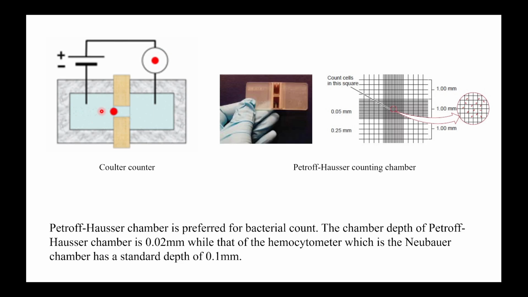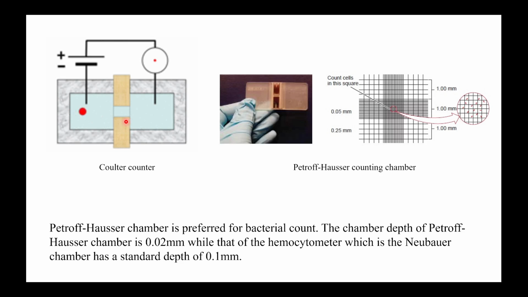This is connected to a circuit, and there is a change in the current because of interference. When the cell is passing through this cavity, it is causing an interference in the current. The number of times that interference is recorded would be the number of cells, whereas the size of the cell can be determined by the intensity of the interference.